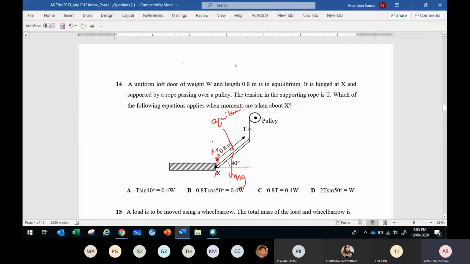So the best is to take moments about the pivot. Then this force won't appear. So write the equation. Clockwise moment must equal anticlockwise moment. Then you will get the answer. Anyone? Please text me your answer.